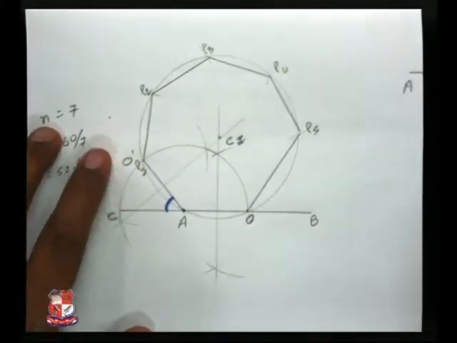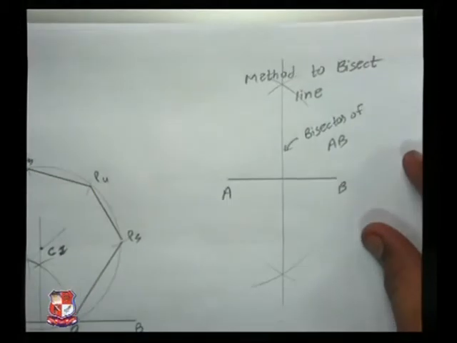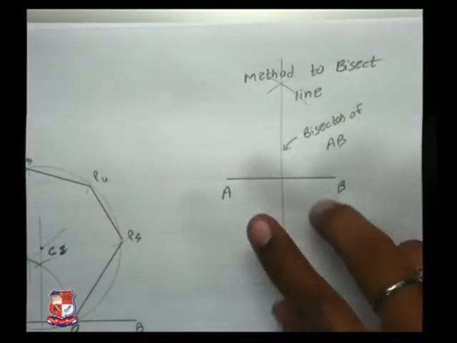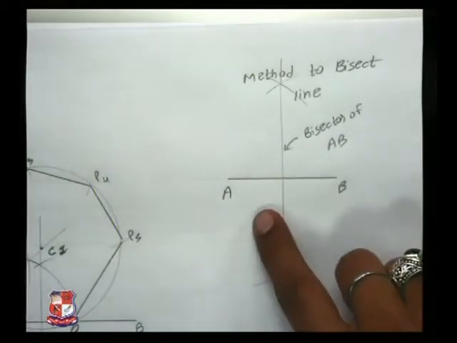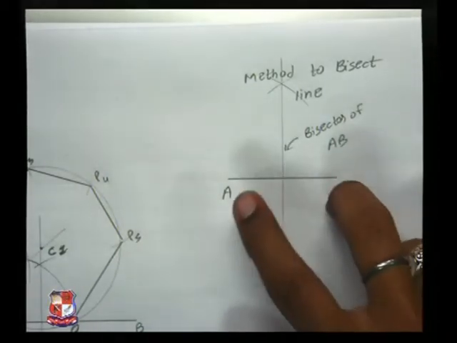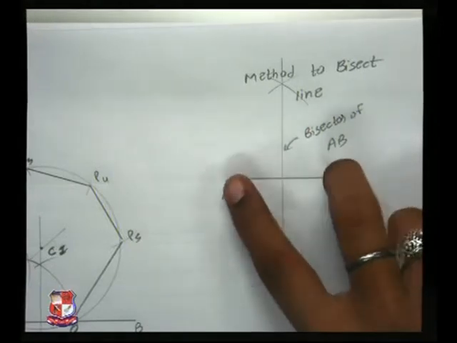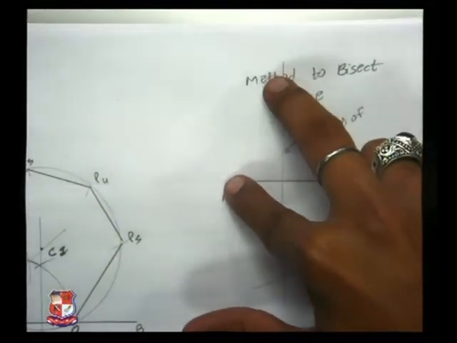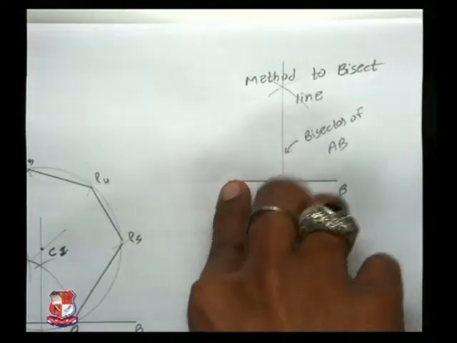Now, if you don't know how to take a bisector, here is method to bisect a line. We have a line AB. If you want to bisect this line, take AB as radius, A as center, mark arc on both the sides.